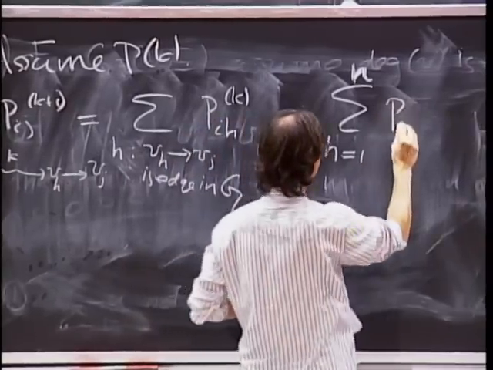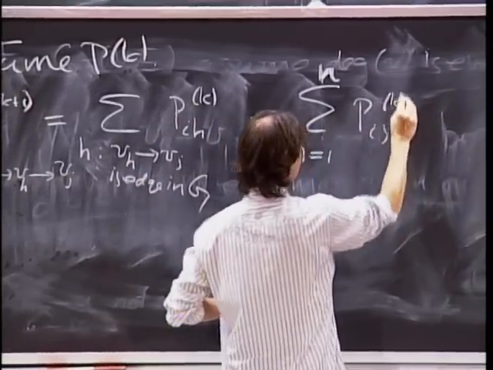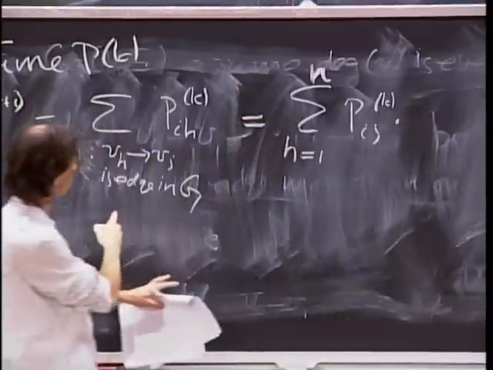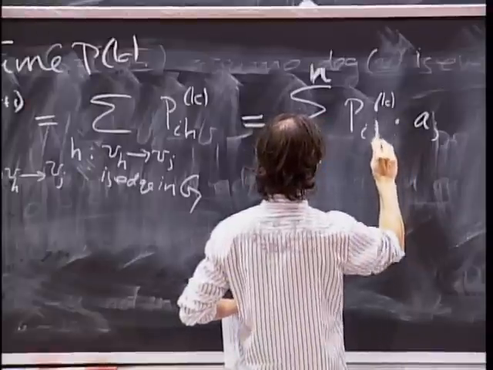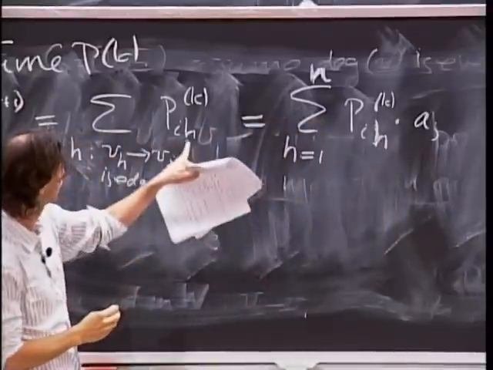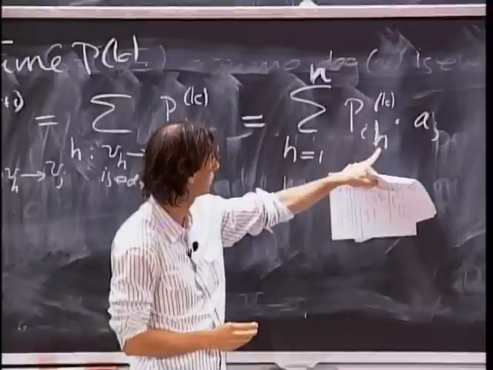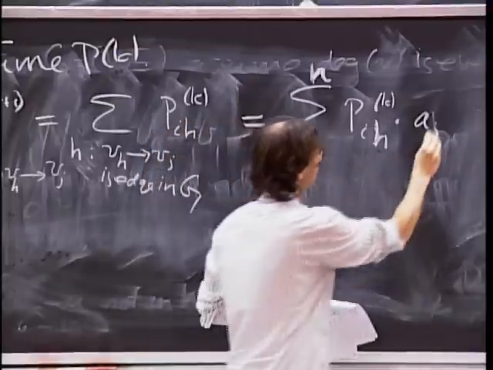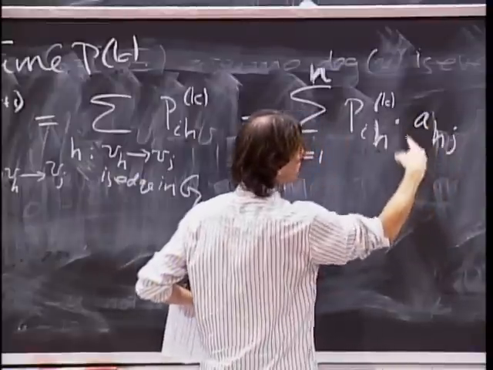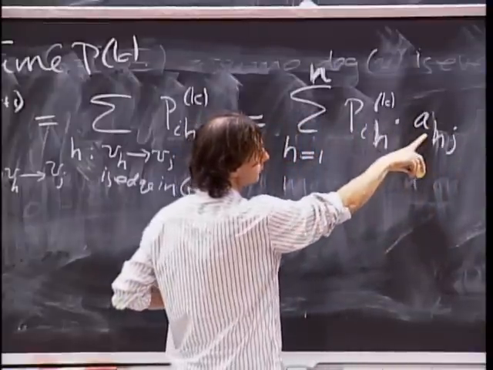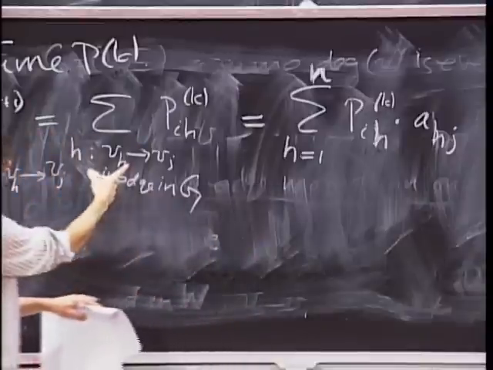And then write P_ih(k) times, and then A_hj, oops, this should be an h. So we have the same over here. And then we have one edge from h to j. So I only count this number over here if this is equal to 1, and that happens exactly if there's an edge.